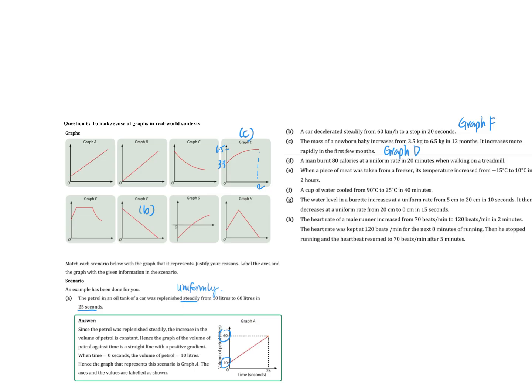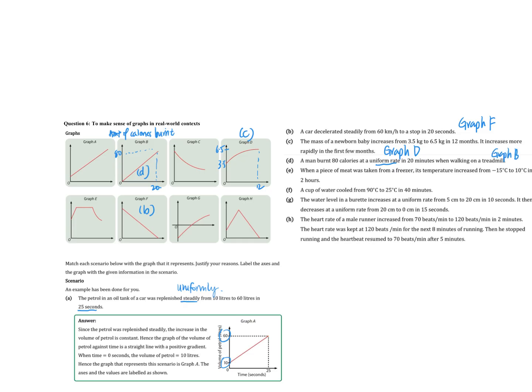B. The y-axis is the number of calories. Oh, so this one just goes up, 80. So in 20 minutes it burns, doesn't mean it must go down. The amount of calories burned can go up also. So if this is the amount of calories burned, the idea is the uniform rate. You must be able to see that it is a uniform rate. So this one is graph B.